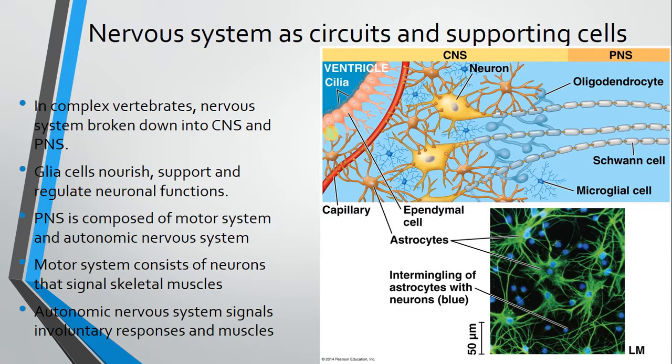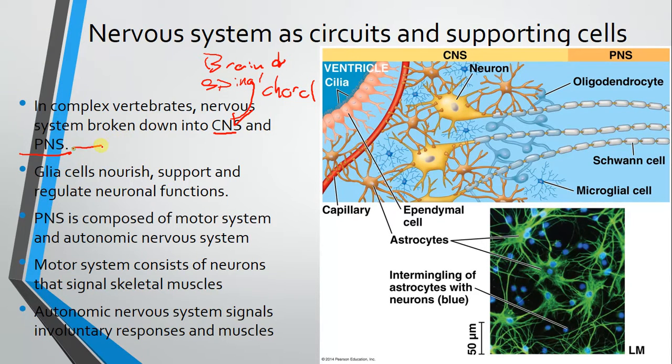The nervous system is a giant circuit created by neurons and supporting cells. So in complex invertebrates, the nervous system is broken down between the central nervous system and the peripheral nervous system. Central nervous system, brain plus spinal cord.